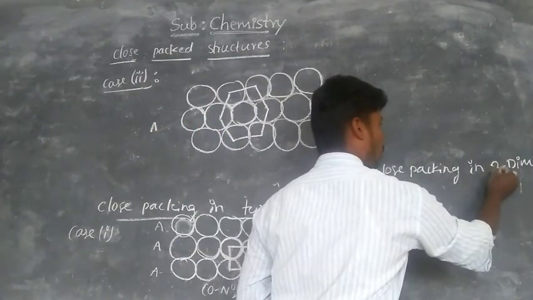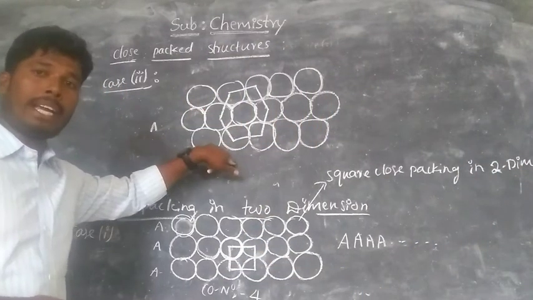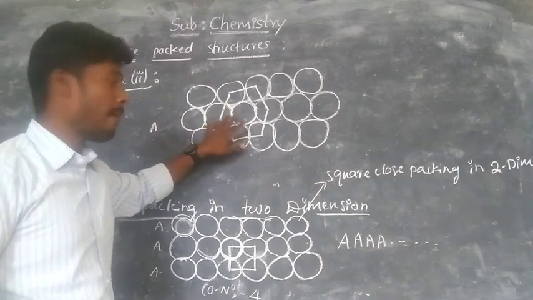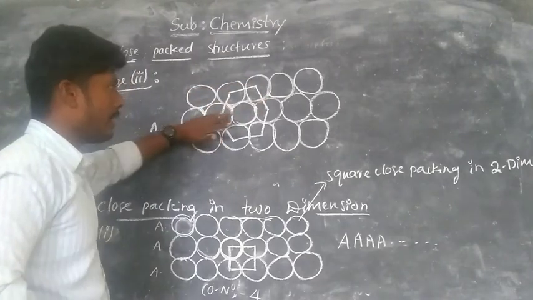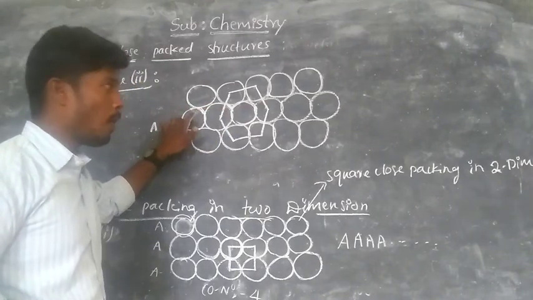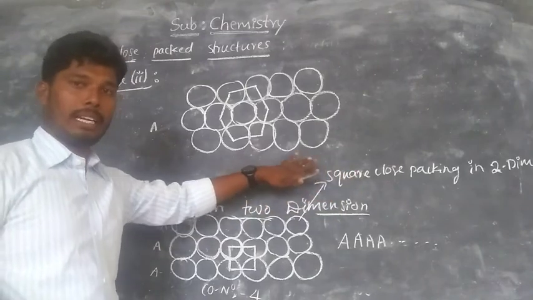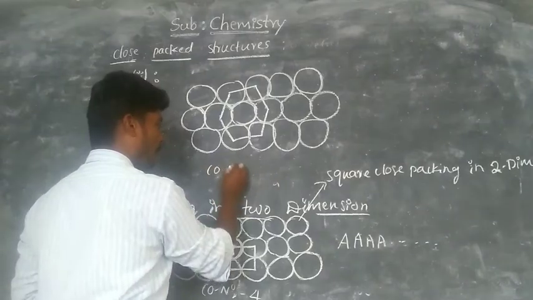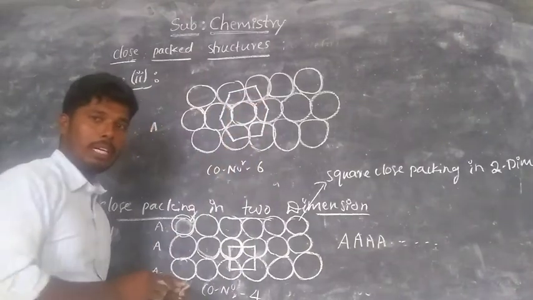This is square close packing, but this is hexagonal close packing. When the second row of spheres is placed in the depression regions of the first row, then only you get hexagonal close packing. And here the coordination number is 6 because each particle is surrounded by 6 particles.